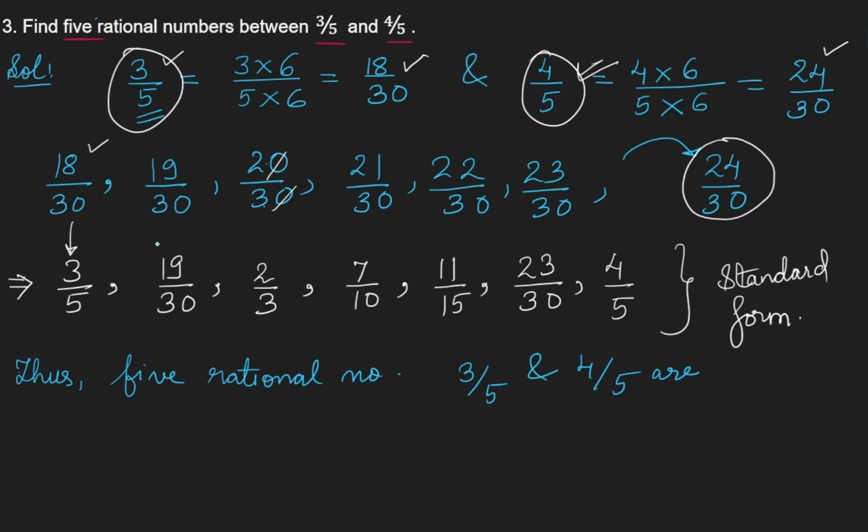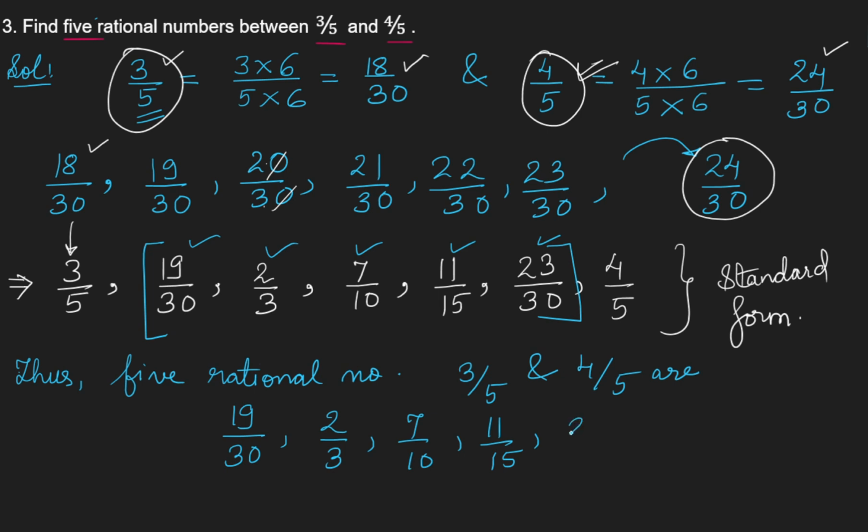So just write the numbers from here to here. They are 5 in count: 1, 2, 3, 4, and 5. So just write them. So 19 by 30, 2 by 3, 7 by 10, 11 by 15, and 23 by 30. So these are the rational numbers in between 3 by 5 and 4 by 5.